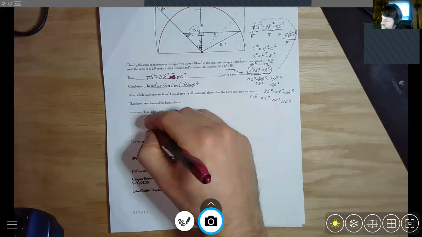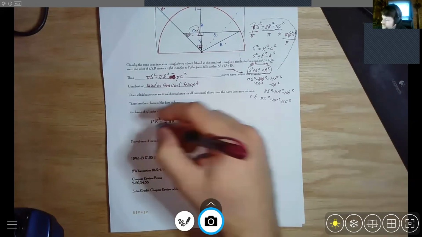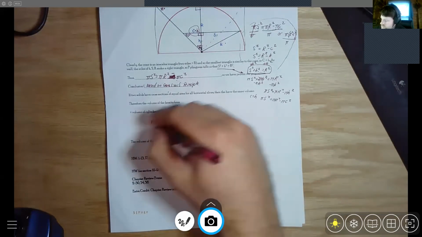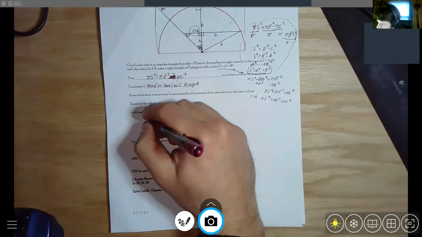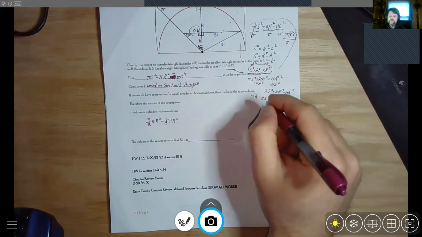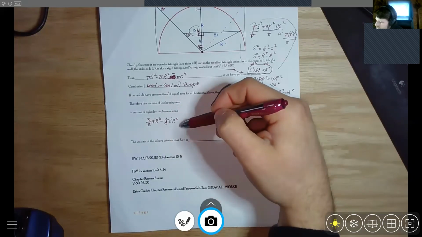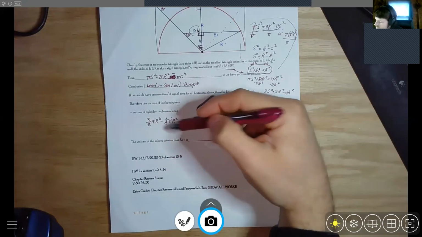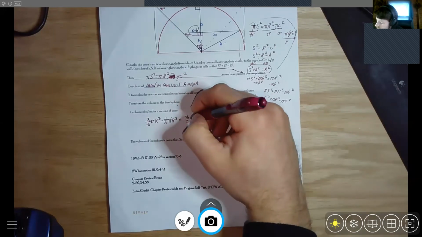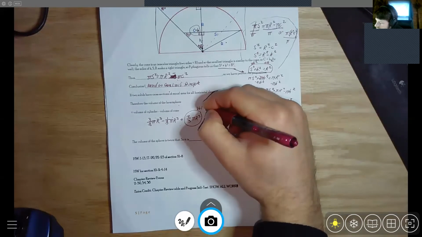Remember that really there is a 1 in front of pi r cubed. To subtract fractions using the same denominator, 3/3 is 1, right? We have 1 pi r cubed minus 1/3 pi r cubed. So 3/3 pi r cubed minus 1/3 pi r cubed equals 2/3 pi r cubed. So this is the volume of the hemisphere.